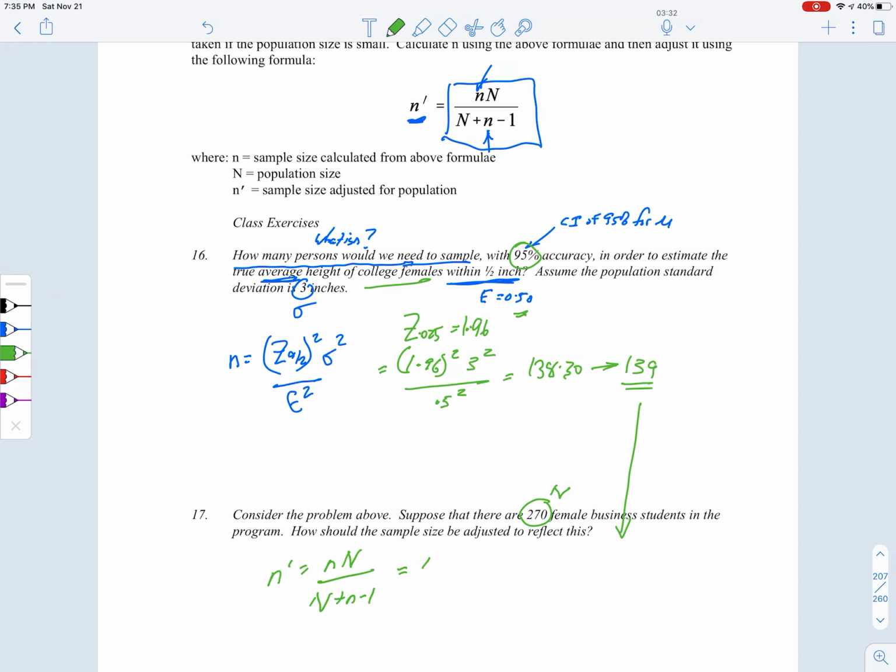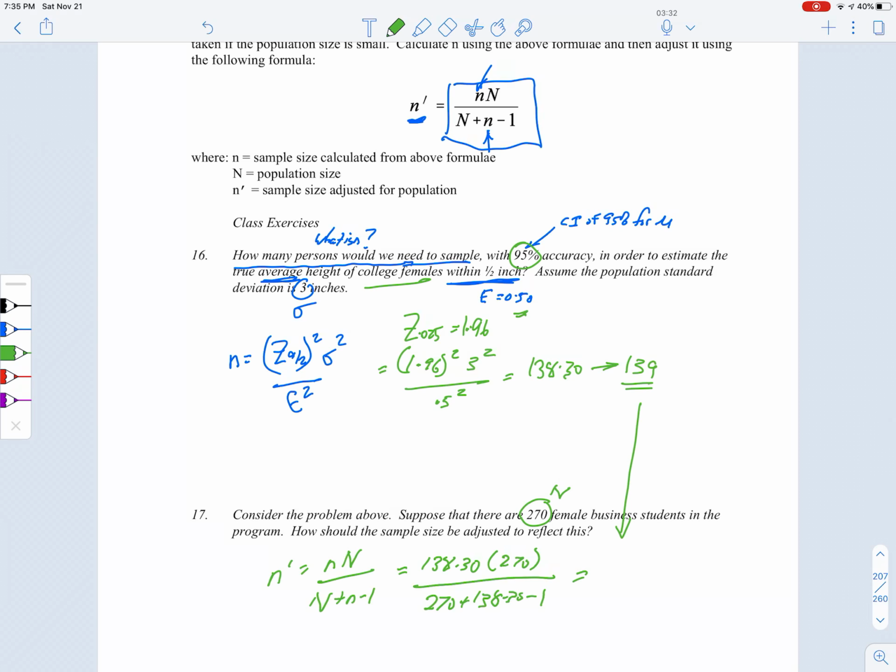So what you want to use here is not the 139 rounded value, but the original 138.30. So take it to a couple of decimal places: 138.30 times 270 over 270 plus 138.30 minus 1.